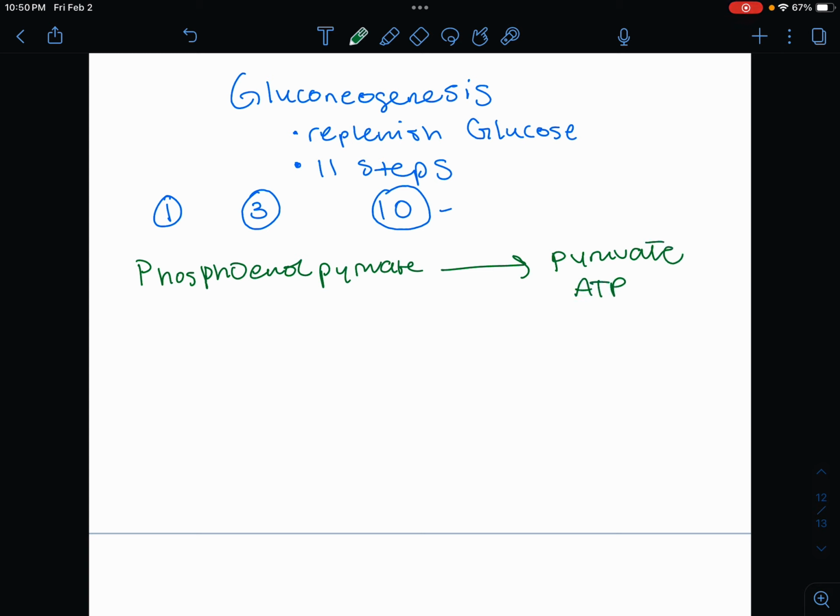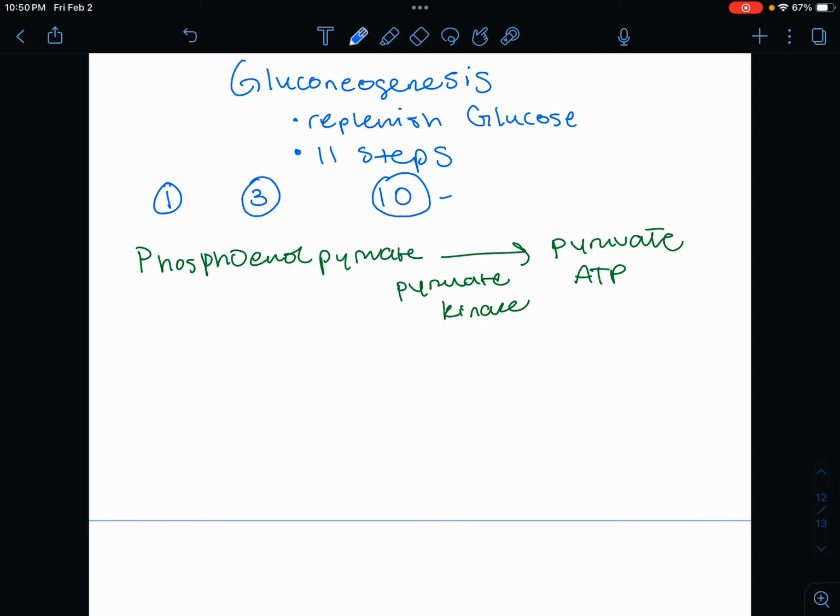This is glycolysis, and the enzyme that was used was pyruvate kinase. However, in gluconeogenesis, we have some extra steps here for step 10, or the first step in gluconeogenesis.